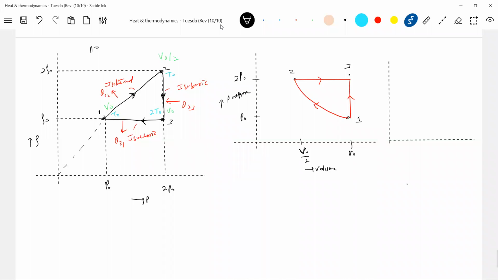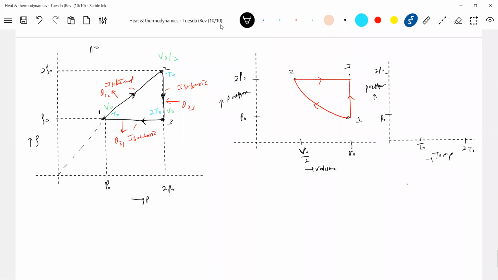So 1, 2, 3. Okay, now the next after pressure versus volume, I'll go for the pressure versus temperature, PT graph. The last we'll go for this one. So again, this is P naught to 2 P naught. What are the temperatures? T0 and 2 T0.